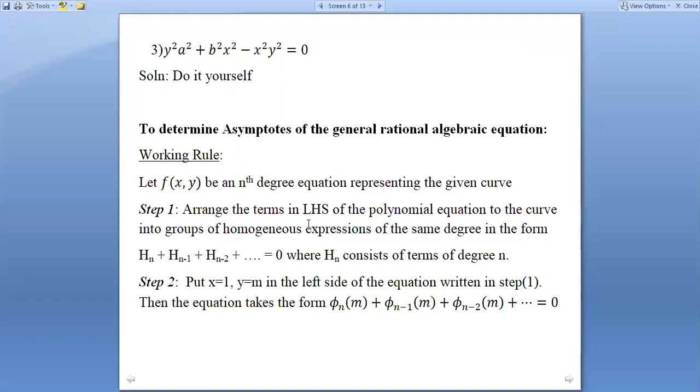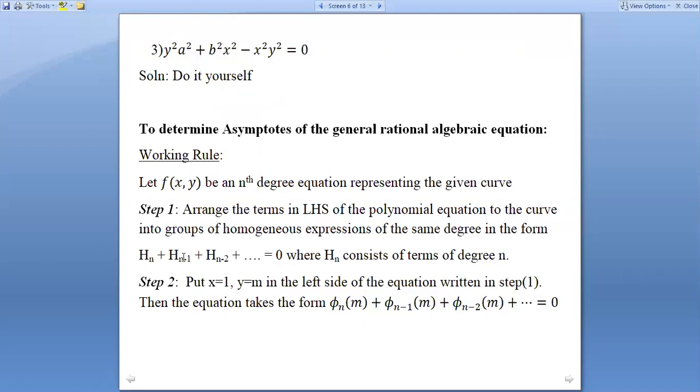So you combine those expressions which have the same degree. If I have x cube, y cube, x square y, all these come under h3. You combine that into one part, and that you express as hn. So here hn means you are combining all those terms of the equation having nth degree.